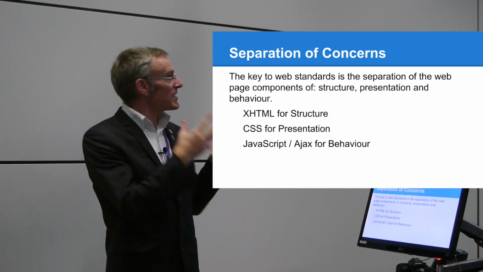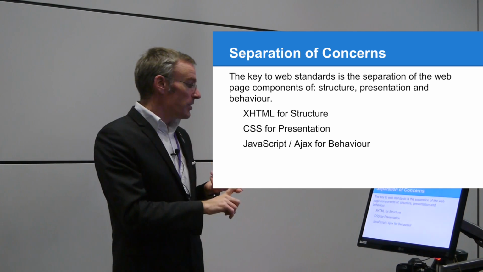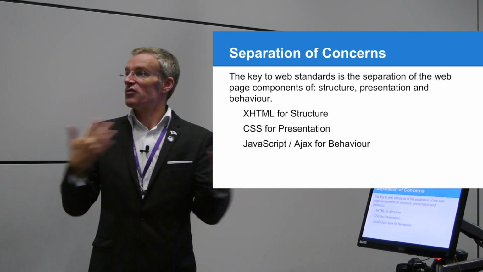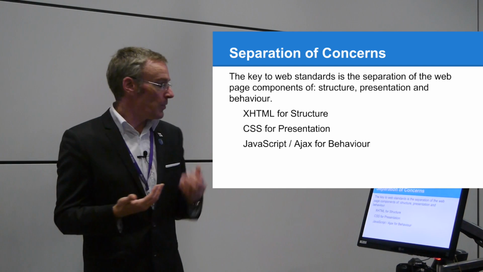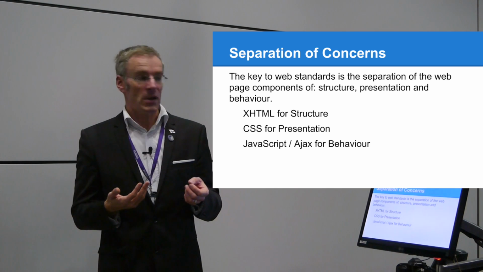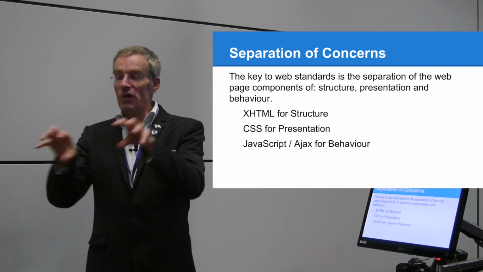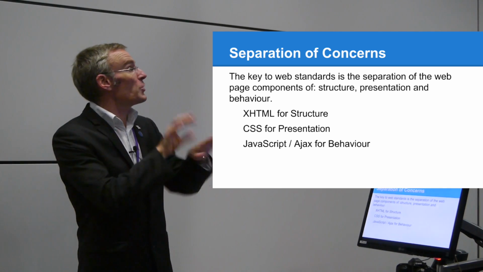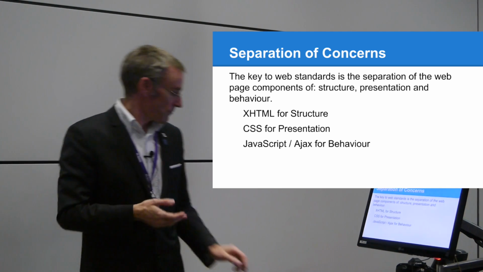That's handled by the CSS file. The third is behavior. When you roll over things, things expand, animations, transitions, those sort of things. And that's handled by JavaScript and Ajax technologies, which we'll cover later on. So you must make sure you don't blur the boundaries between these three different concerns, and make sure you keep them completely separate.